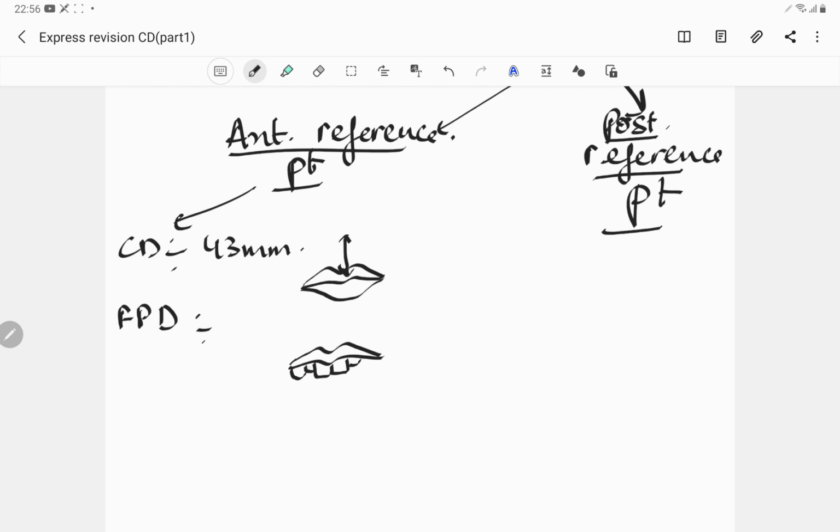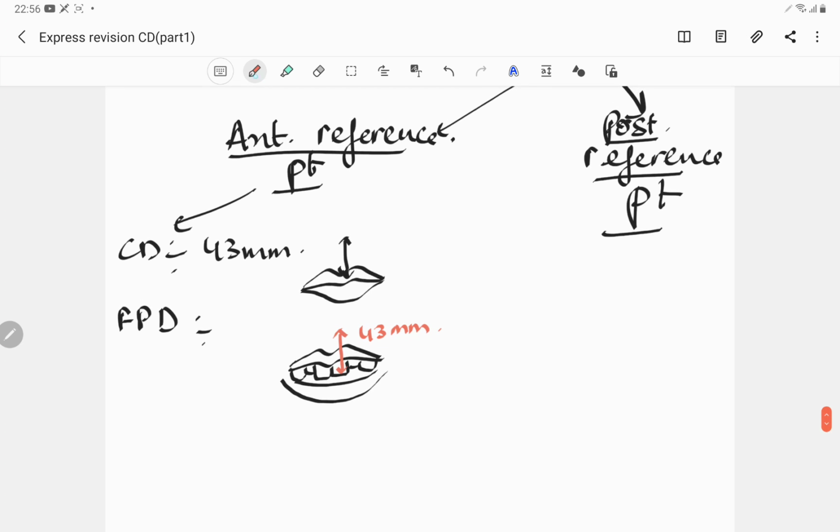These are the laterals. Then we have got the canines. I know that the smile is pretty bad. So in the FPD, we are going to take 43 millimeters superior to the incisal edges. Right? That is the anterior reference point. Then the posterior reference point we take is the external auditory meatus.